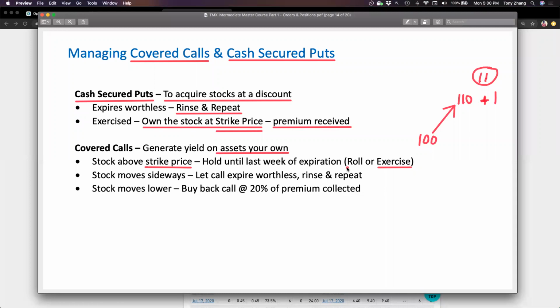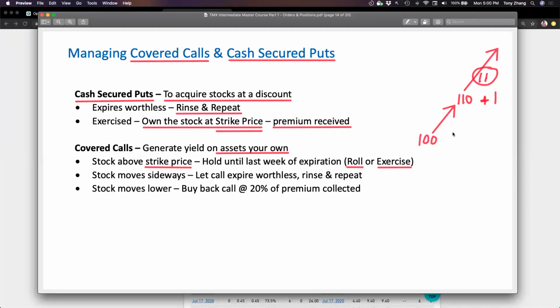I want to keep holding on to the stock because I actually think it's going to go to 120 or 130 or somewhere higher. In that particular case, what you want to do is roll your covered call. Now, I'm not going to get into the details of rolling right now because that is for the covered call webinar and the covered call education. This is meant to give you more of a primer as to how to go about managing these positions.